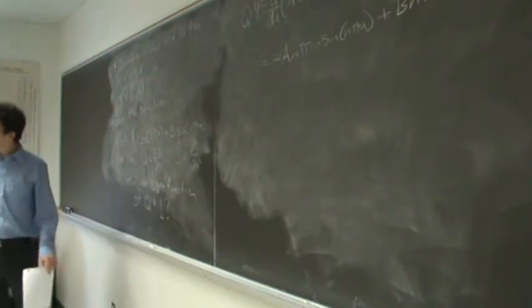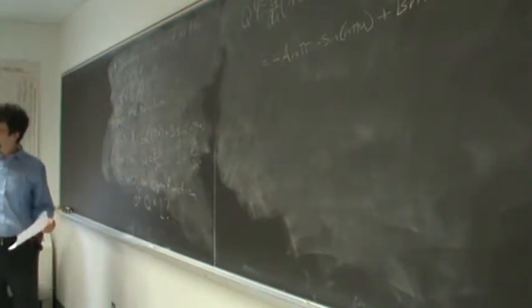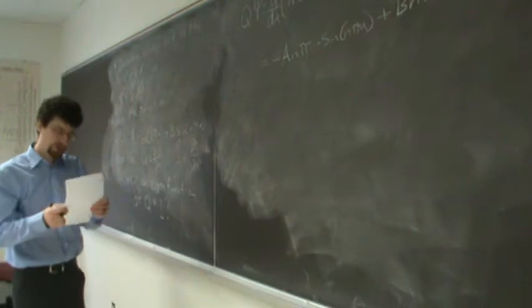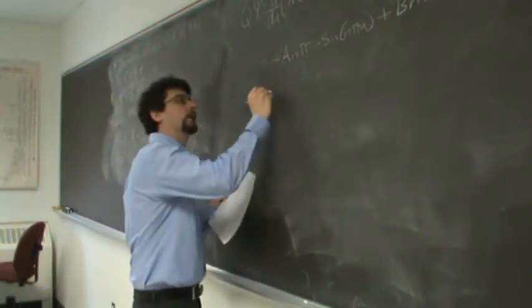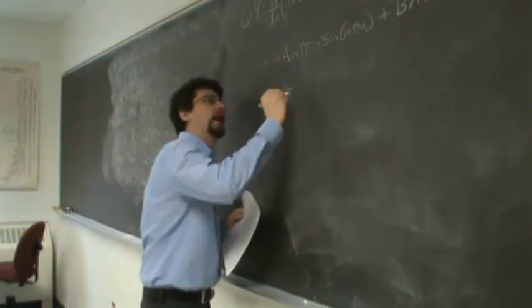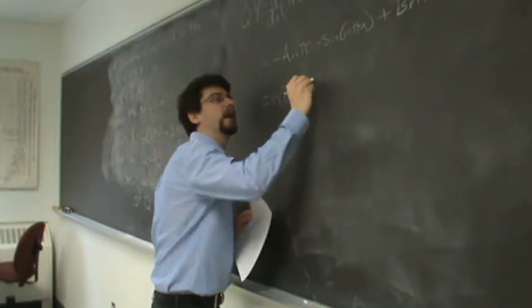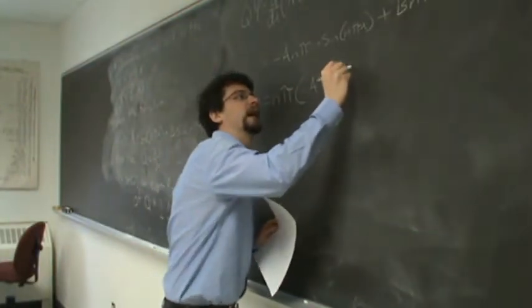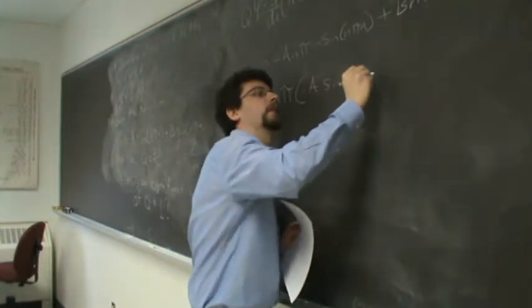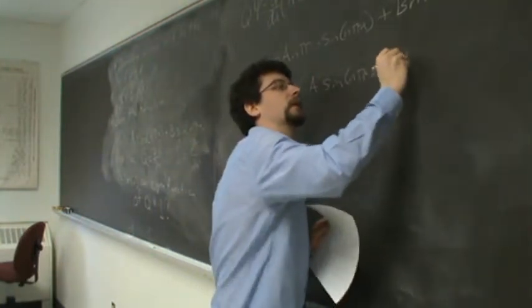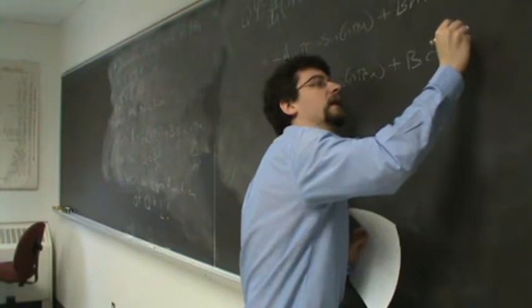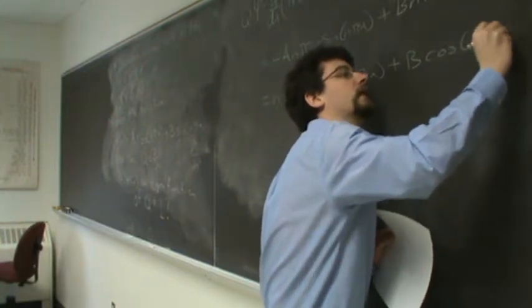Okay, now let's pull out some of the constants and see if we can find our original function. Let's pull that n pi out. And what we're going to get is n pi times negative a sine n pi x plus b cosine n pi x.